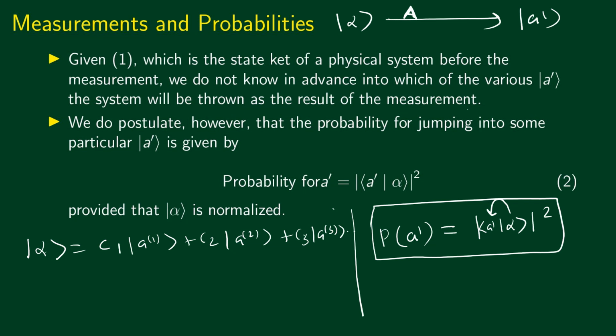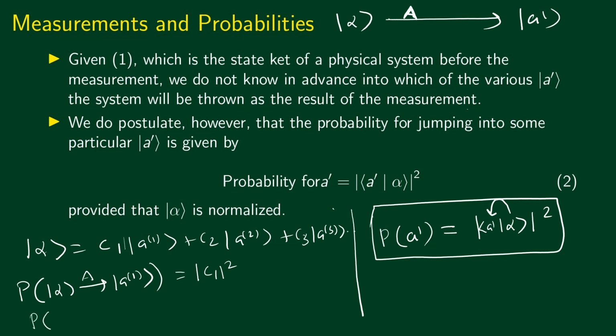This postulate says that the probability that ket alpha will change to ket A1 after a measurement of A is given by the modulus square of this expansion coefficient. This is equal to modulus C1 square.